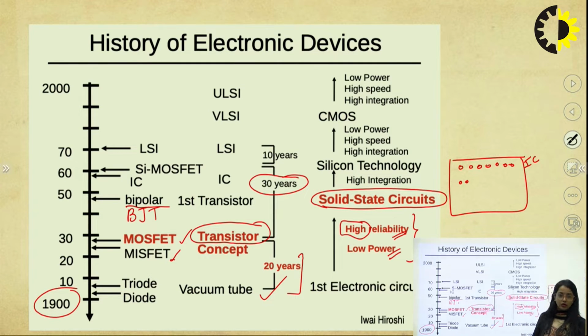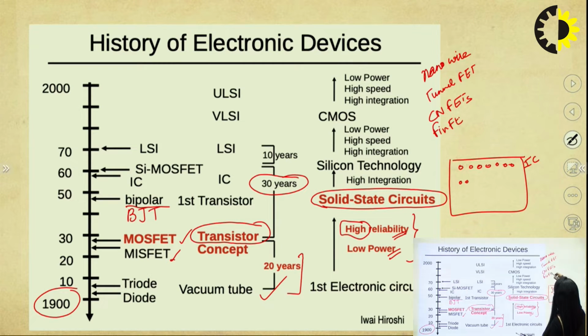Calling BJT modern in today's era will not be a correct statement. The most modern devices available today are nanowires and tunnel FET. If we step down one level, we have CNFETs and then FinFETs.